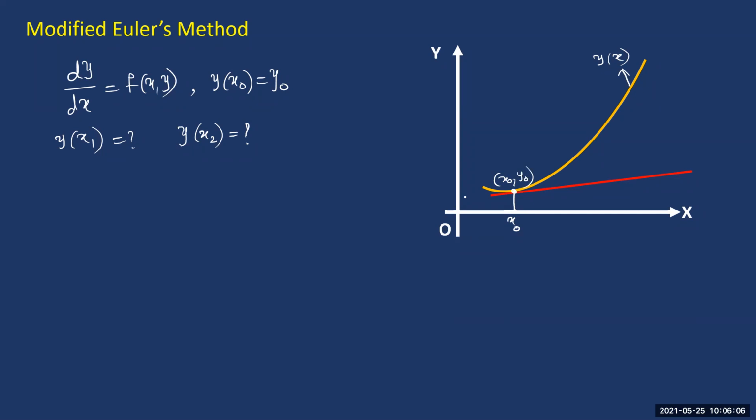Now see, as I told you already, modified Euler's method is actually an iterative method. You can recall the bisection method and the Newton-Raphson method. These are also iterative methods. Iterative methods in the sense that we begin with some initial approximation, and in a repetitive procedure we try to refine it after some 5 steps or 6 steps, depending on the accuracy you're expecting.